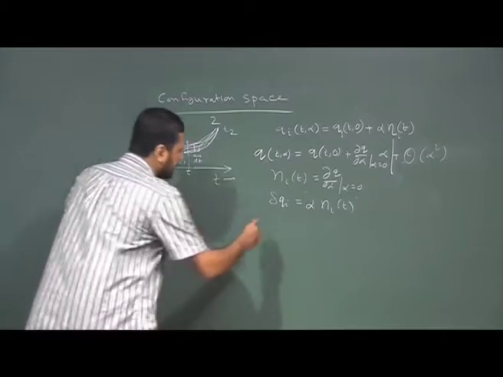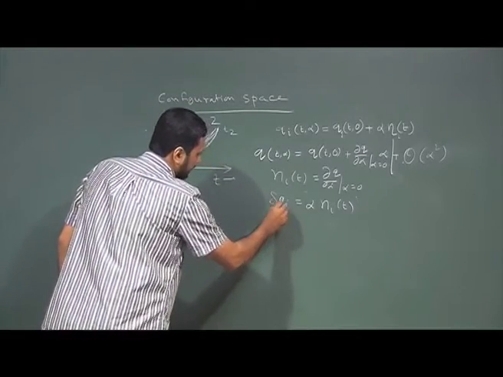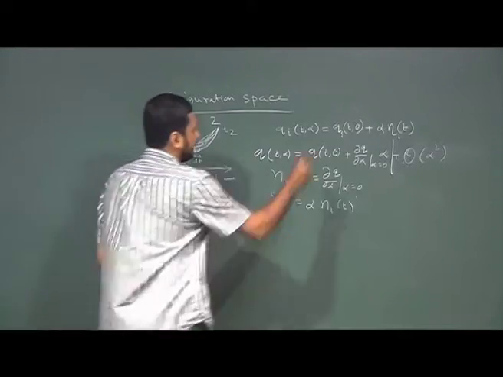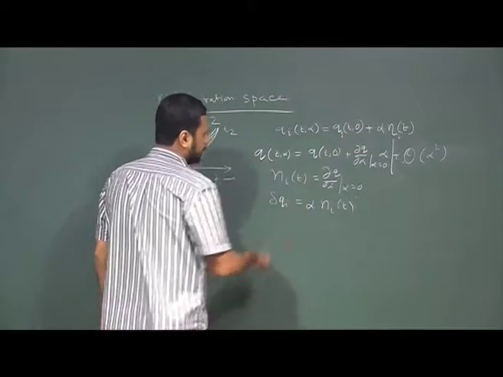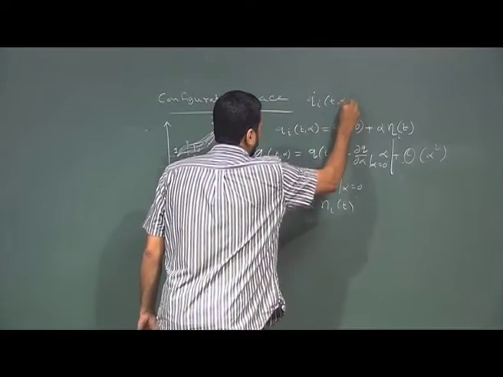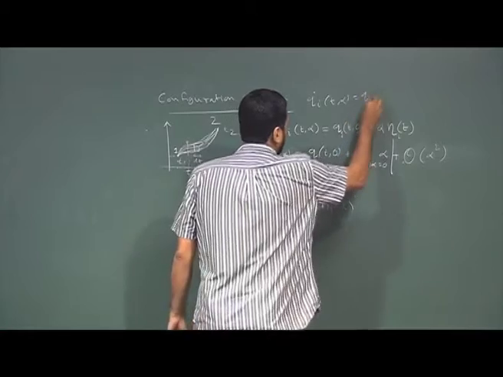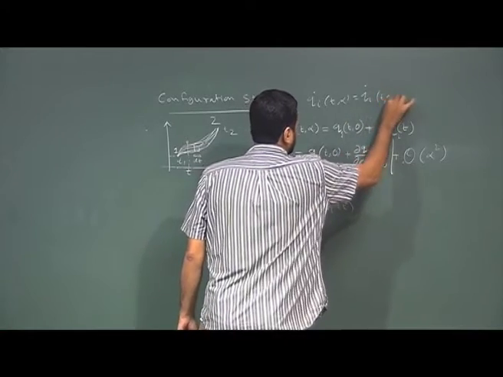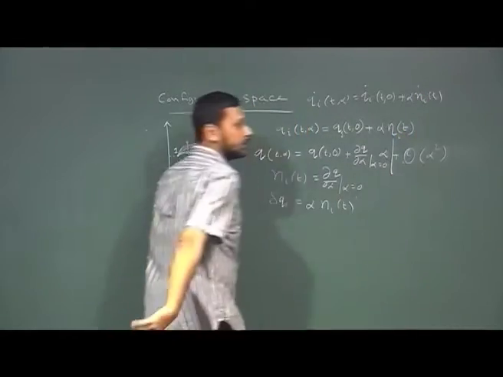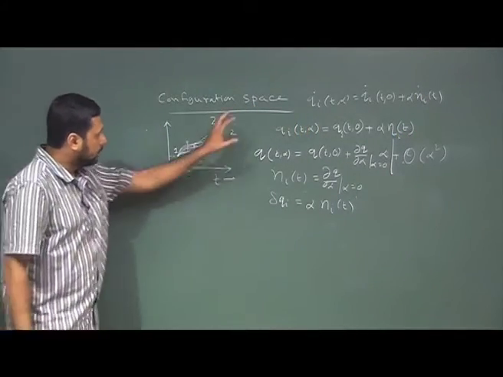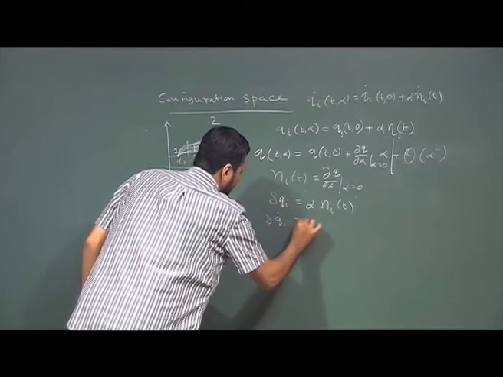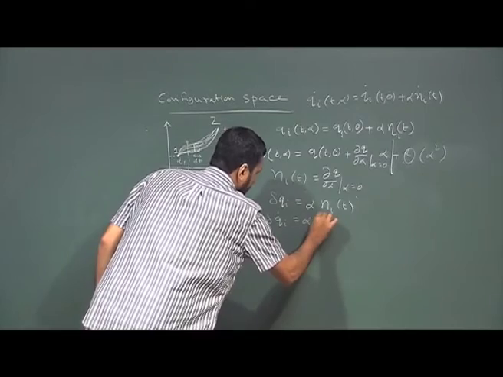If this is the case, then for generalized velocities we can do a similar construction. If I take the time derivative of this, we can write q_i dot (t, alpha) equal to q_i dot (t, 0) plus alpha eta_i dot (t). Once again, for the generalized velocity, delta q_i dot is equal to alpha eta_i dot (t).